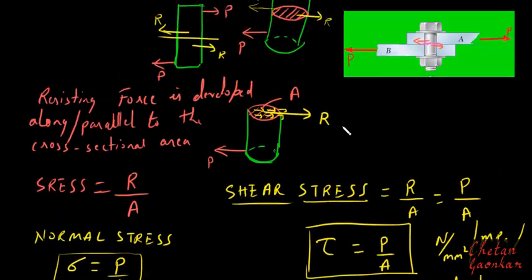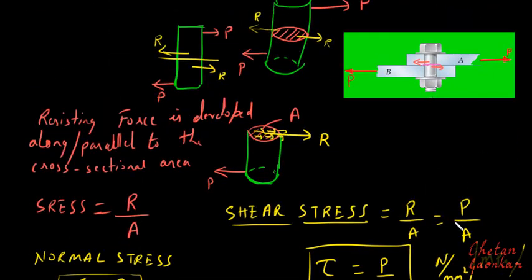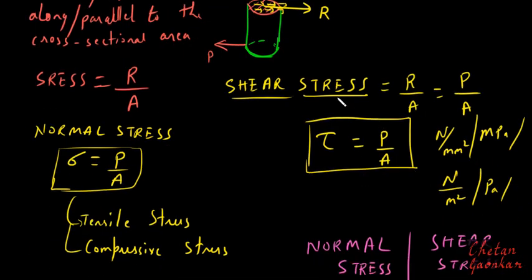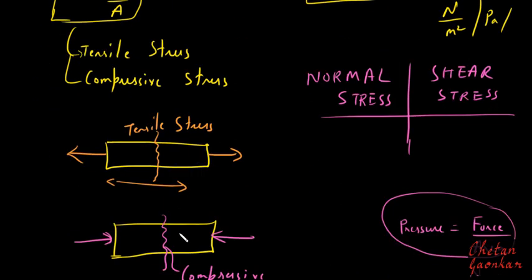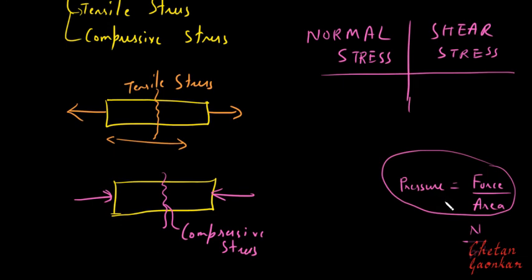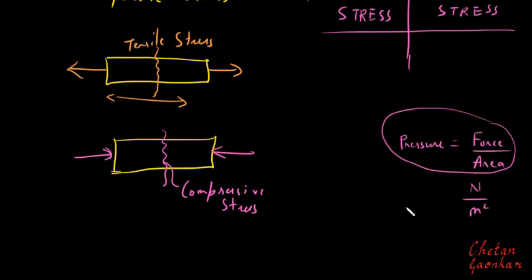In this case it turns out that the resisting force is equal to the applied force, but stress is clearly a phenomenon which occurs because of resisting force, whereas pressure is something which occurs because of applied force on the surface. And for a given force and a given area, the pressure always remains the same. All right, so this is the basic difference between pressure and stress.